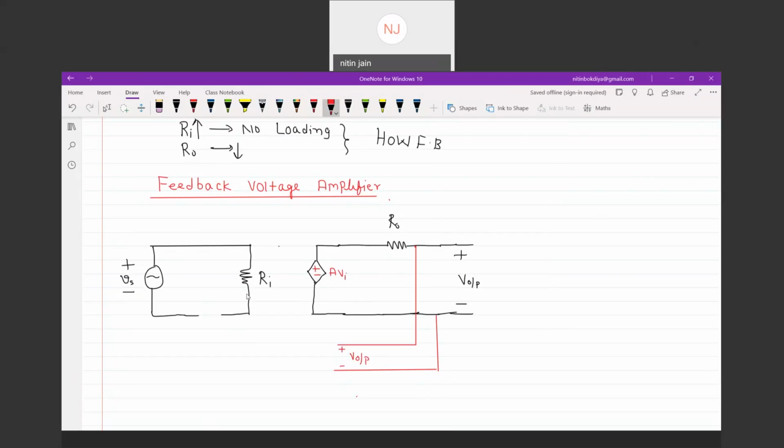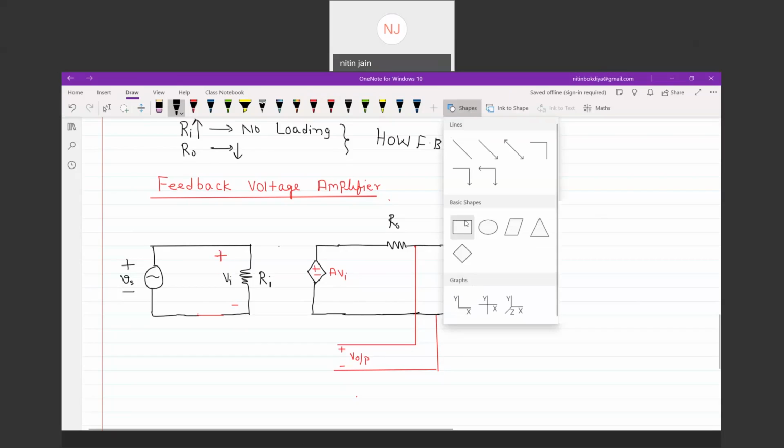And what is VI? Right now VI is equivalent to VS because we have not applied any feedback yet. So this is my VI and this is the same as VS.